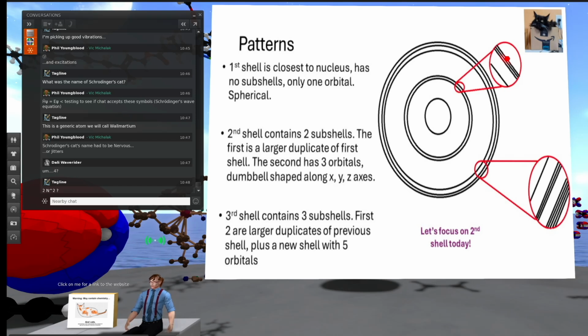I won't talk much about the third row. There's a whole thing in transition metal chemistry called an 18 electron rule. Notice how the third row or third shell has the stuff from the second shell, a 1 and a 3, but then there's a 5 as well. Right? 1 plus 3 plus 5 is 9, with 2 electrons each.